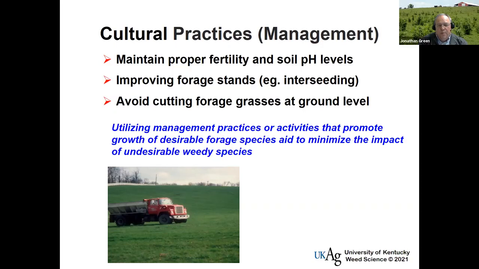But just as soon as we remove that top growth and allow sunlight to hit the ground, that helps trigger weed seed germination. So a lot of these weed seed need moisture and they need the temperature, obviously, to trigger germination, but they also need the appropriate amount of light or the sunlight to hit that soil or where those seed are laying just right underneath the soil surface. That helps trigger germination.